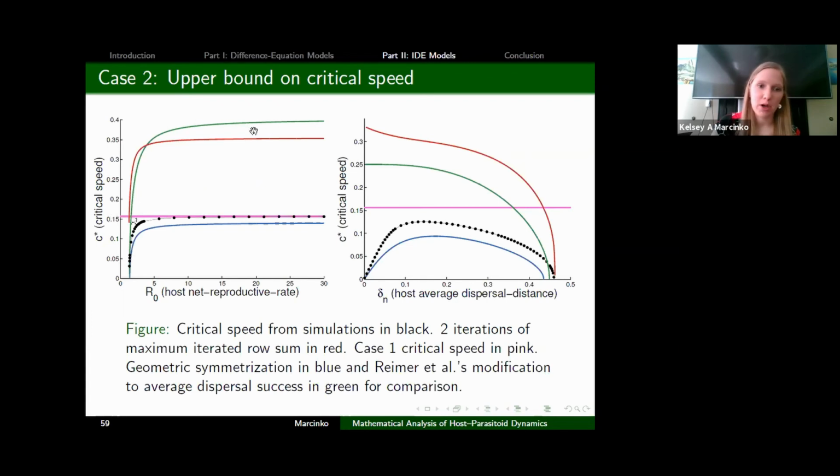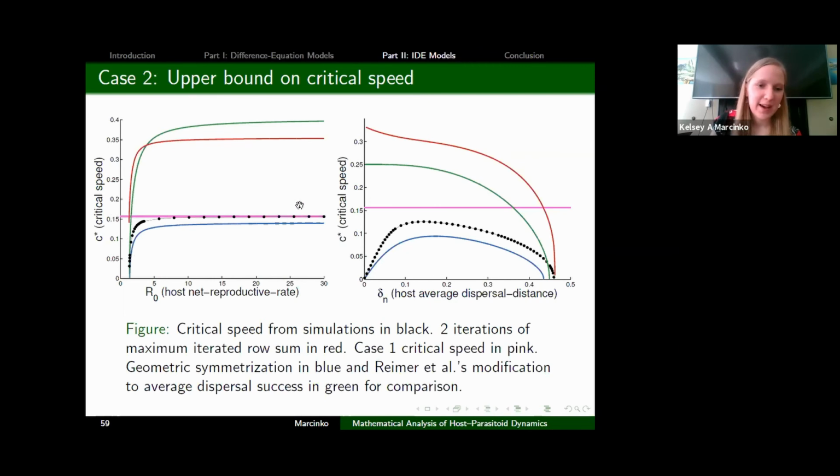Green is Reimer, which isn't a true upper bound, but I put it in these figures for comparison. And the red here is the iterated maximum row sum method, 2 iterations, leaving out of these pictures the maximum row sum by itself because it's such a high estimate that it doesn't show up on the figures.